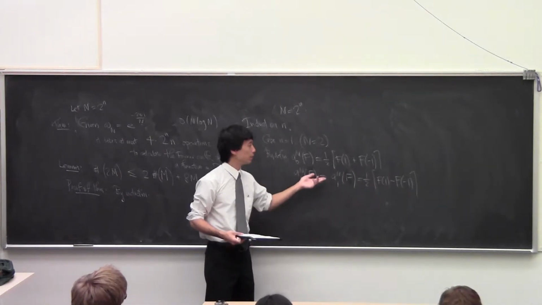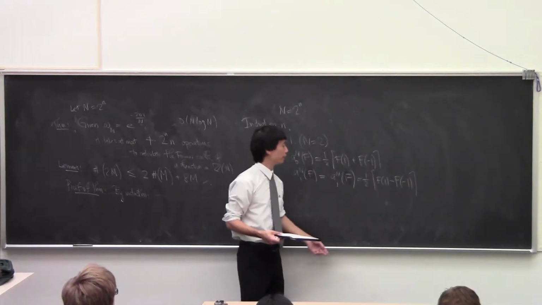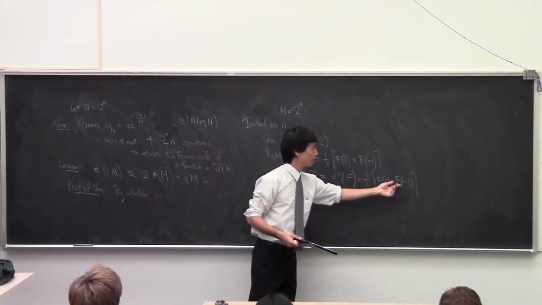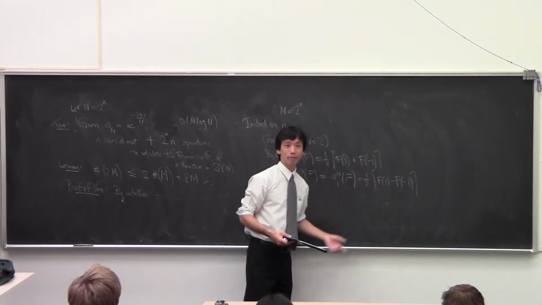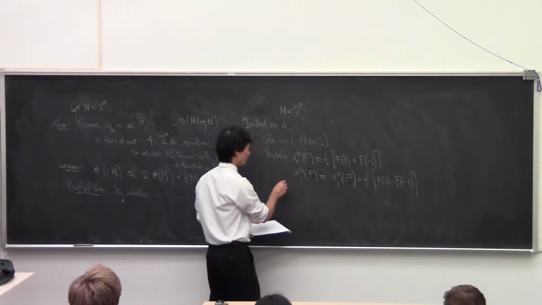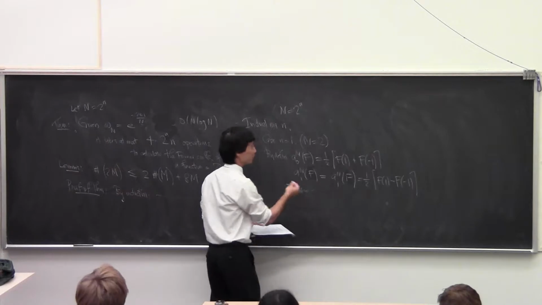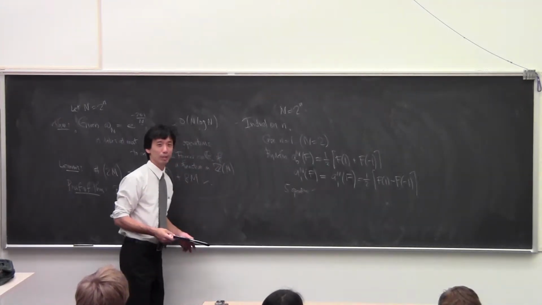And so you just count up how many operations you have: 1, 2, 3, 4, 5. So you count 5 operations. So case 1 is done.